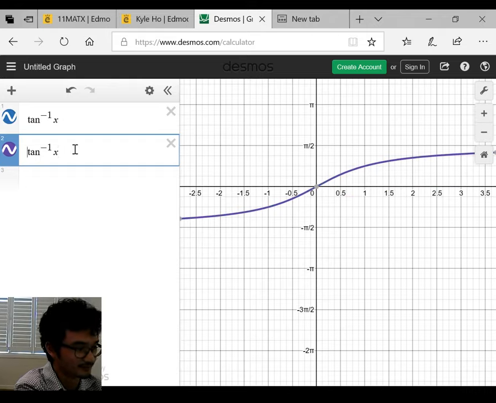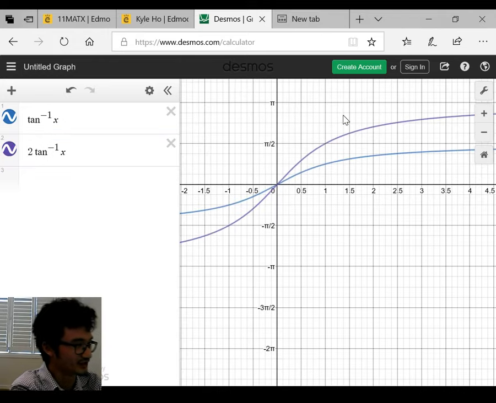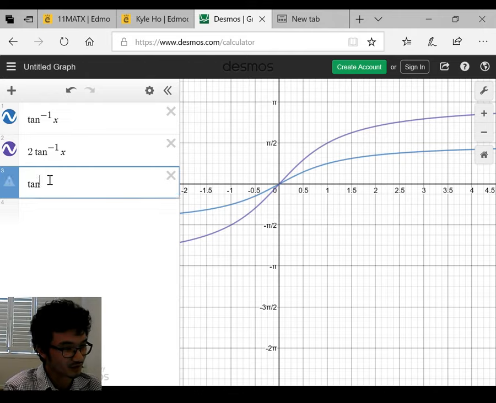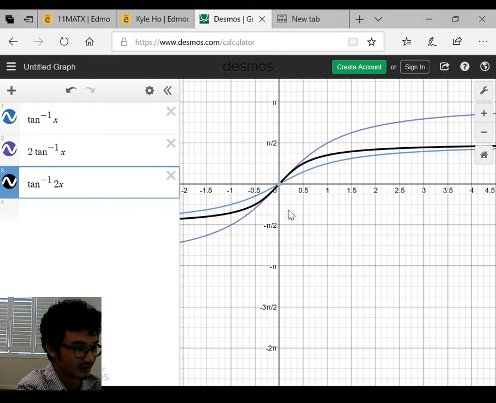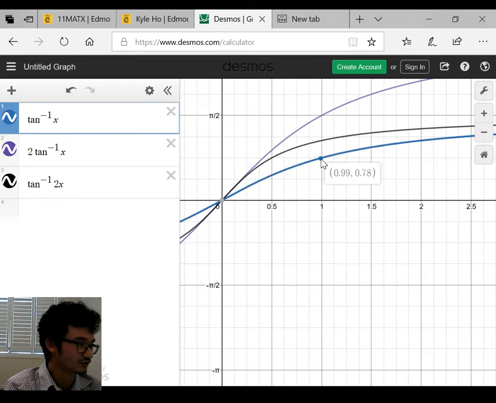Dilations are kind of weird, right? Because we're actually changing the asymptote here, that's the important thing to know. So if you do 2 inverse tan of x, the asymptote now becomes pi, negative pi. Whereas if you do tan inverse of 2x, what's actually going on here? That's meant to be a horizontal dilation by a scale factor of half. So you can think about all the values being halved, so to speak.